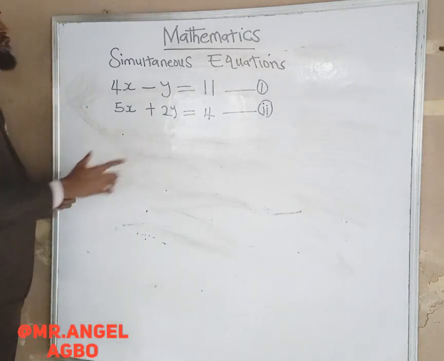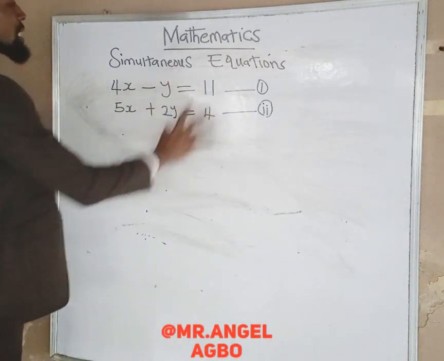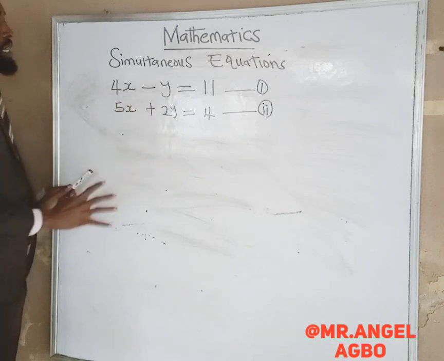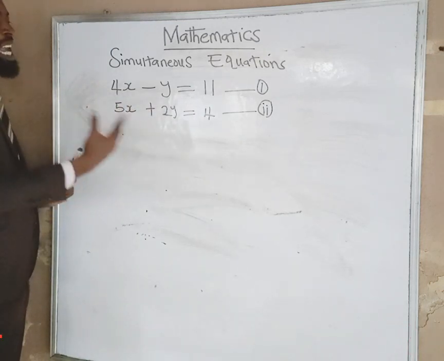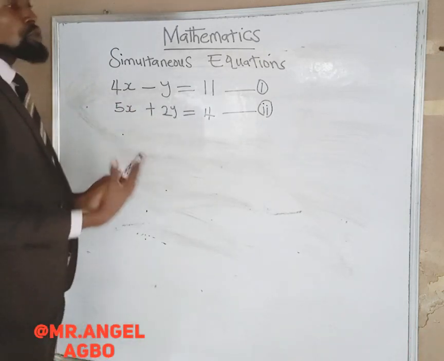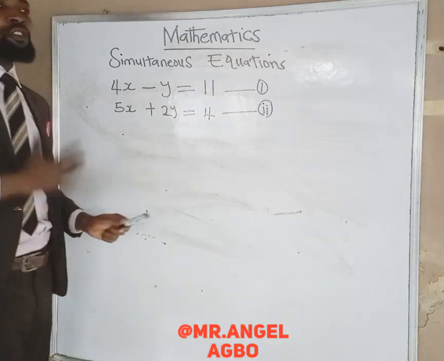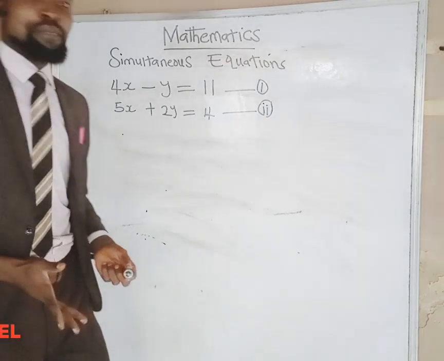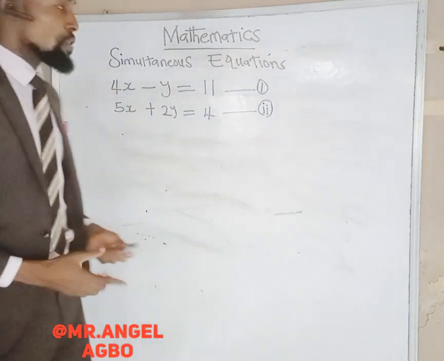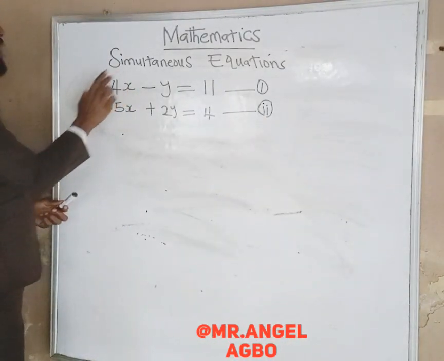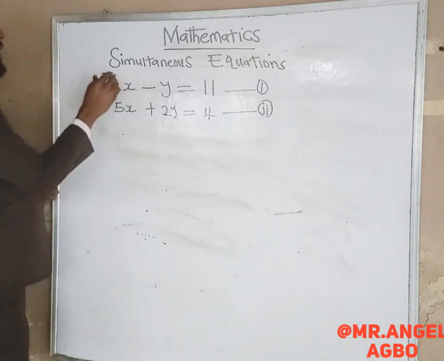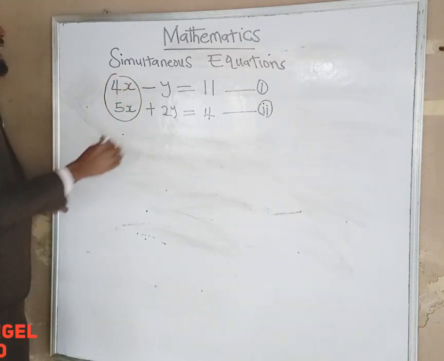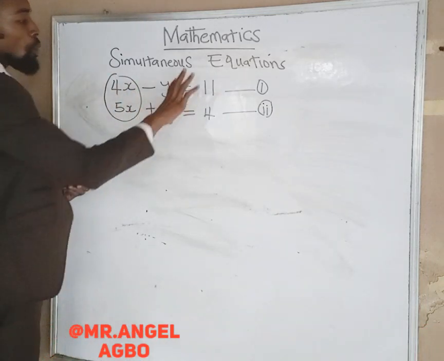So in elimination method, what you need to do is to balance the equations and subtract one variable, or eliminate one variable. Then you find the one that remains and use the one you have found to look for the one you eliminated. What I mean is you try to eliminate x and you find y.